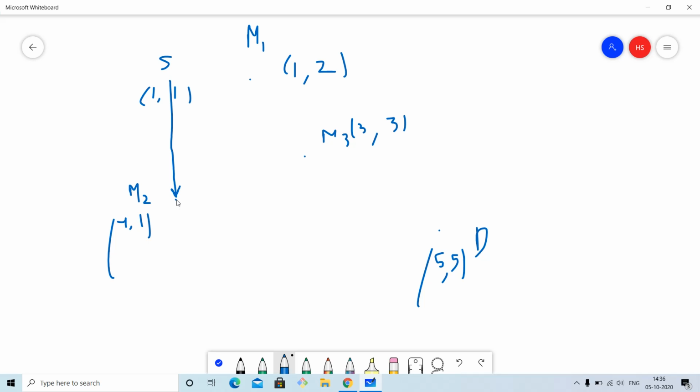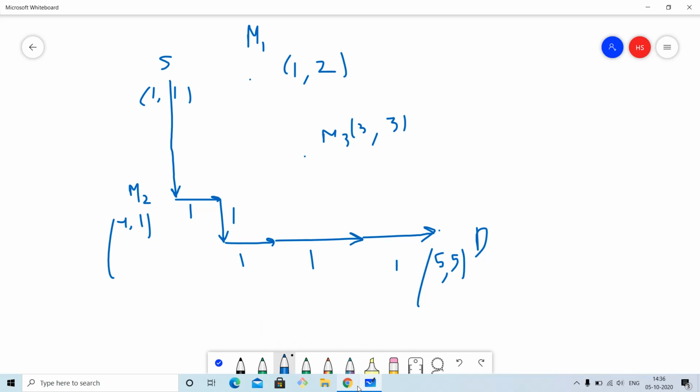Then from 4 comma 1 we go to 4 comma 2, then 5 comma 2, then 5 comma 3, then 5 comma 4, and then to our destination 5 comma 5, in a total of 5 seconds. So in this way we can reach the destination.